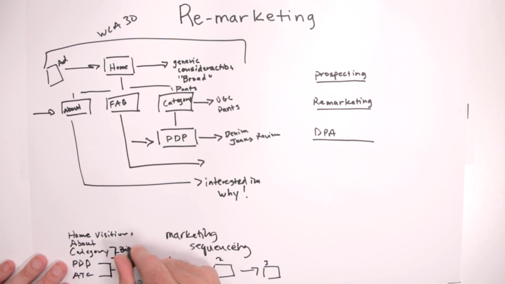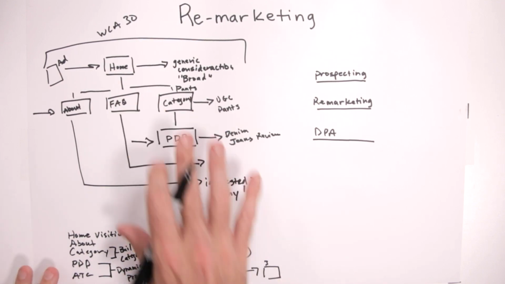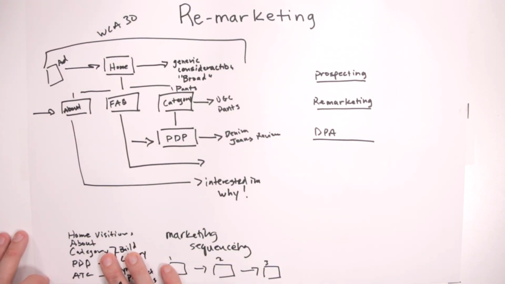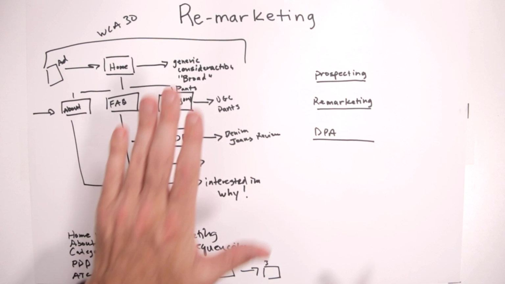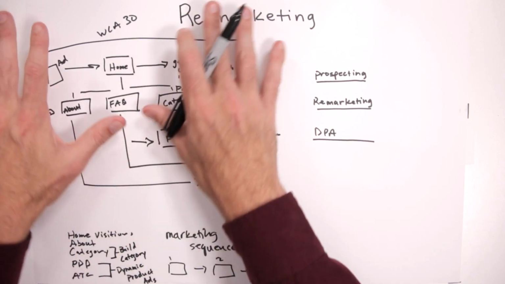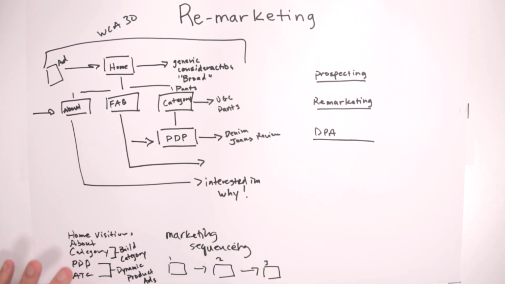Build categorical product feeds, and use DPA on the category page level as well. So rather than category pages, which are normally in the general remarketing budget, use them in DPA. So sitemap informs specificity. Okay, that's point one with remarketing. Specific creative relative to specific on-site behaviors.